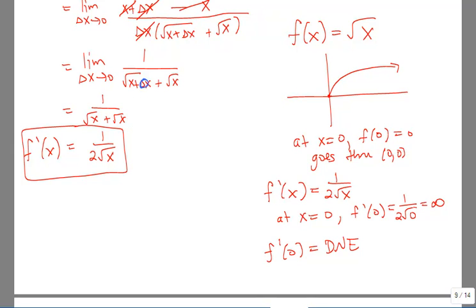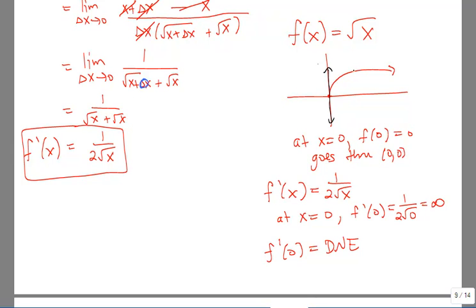And what that translates to in terms of the characteristic you might see on the original function is that if you were to draw in your tangent line here, this graph is coming down very slowly, and I'm going to exaggerate this a little bit more so you can see what I mean. This is going to have what we call a vertical tangent line as we get closer and closer to 0.